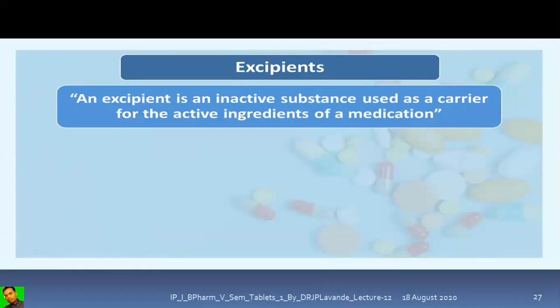Now in order to understand the excipient, the best example is of our kitchen, isn't it? Let us say, for example, you are talking about a particular vegetable, let us say the aloo gobi, isn't it? And what is that aloo gobi, whether it will contain only simply the aloo and gobi? No, it will not contain simply the aloo or gobi.